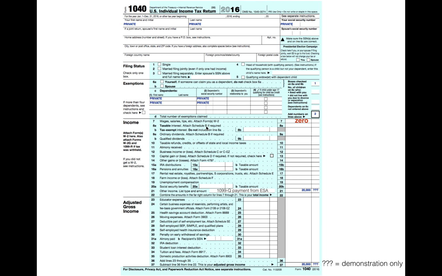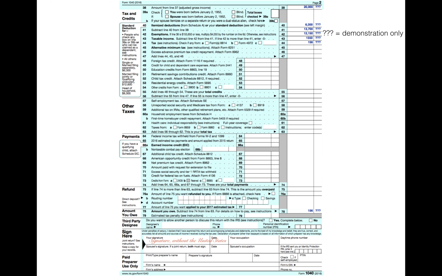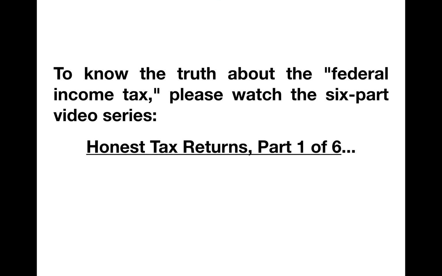I have no wages, no salary, no tips, and that's why it says 0 here. For the 1099-Q payment from the Educational Savings Plan, there's $20,000, and again, this is for demonstration purposes only. So then I just go through the list, take my standard deductions, look at the tax code, and I end up paying them $156. I sign my name here, comma, without the United States, and that is it.